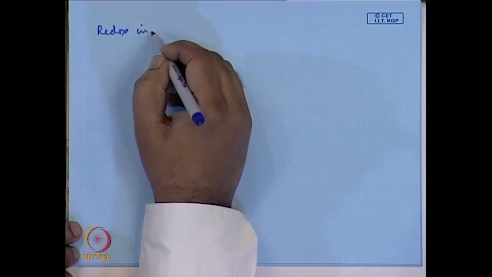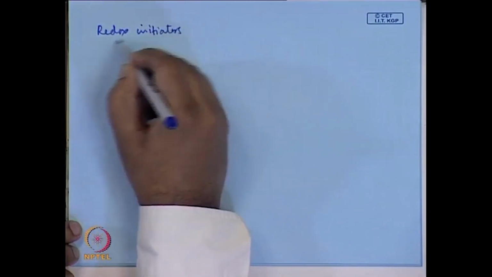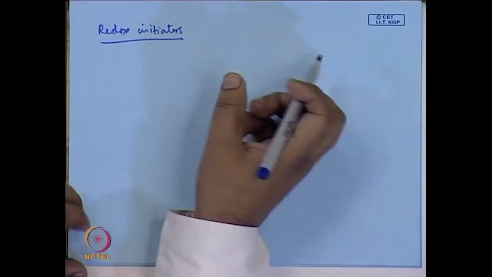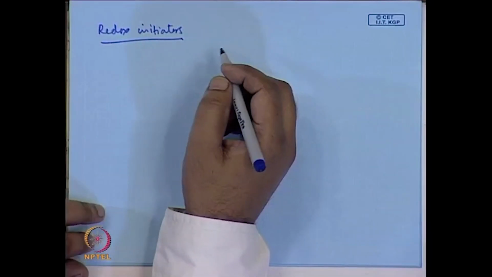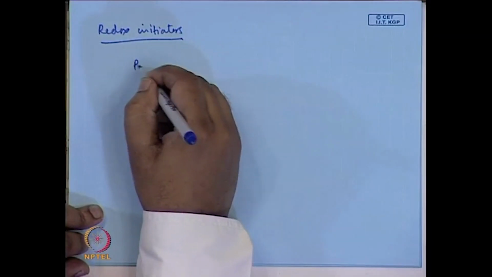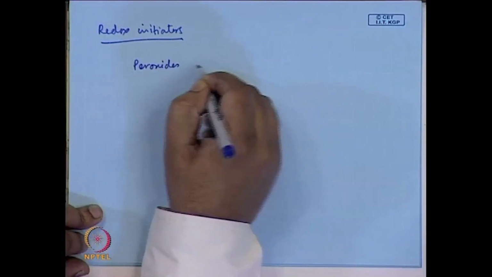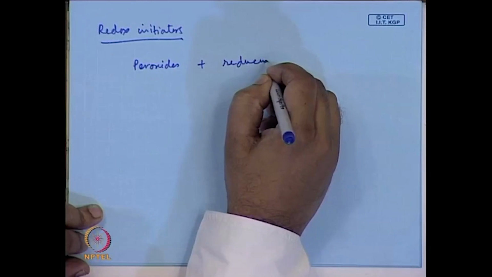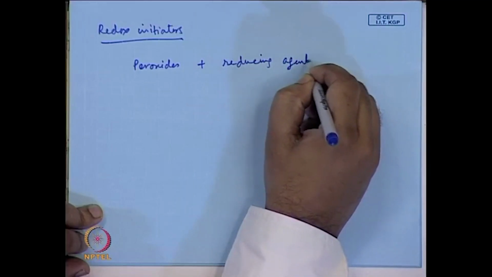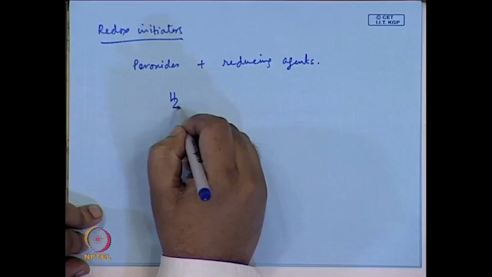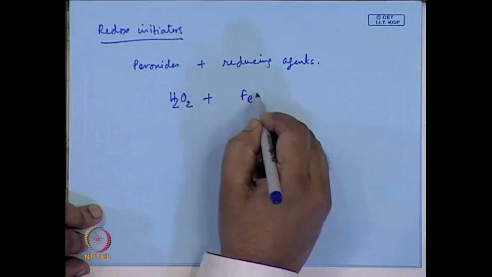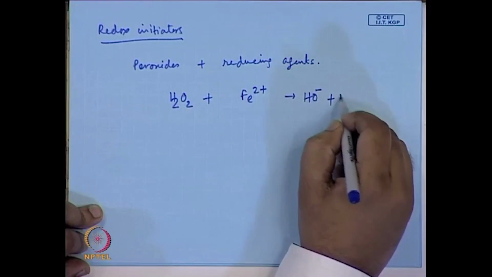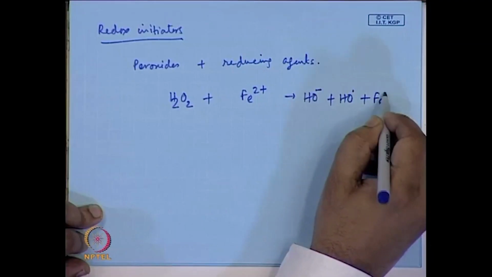So, let us look at redox initiators. As the name suggests, you have a reductant and an oxidant. For example, you have a peroxide plus a reducing agent, such as hydrogen peroxide plus ferrous salts, giving OH minus plus OH dot plus Fe3 plus.